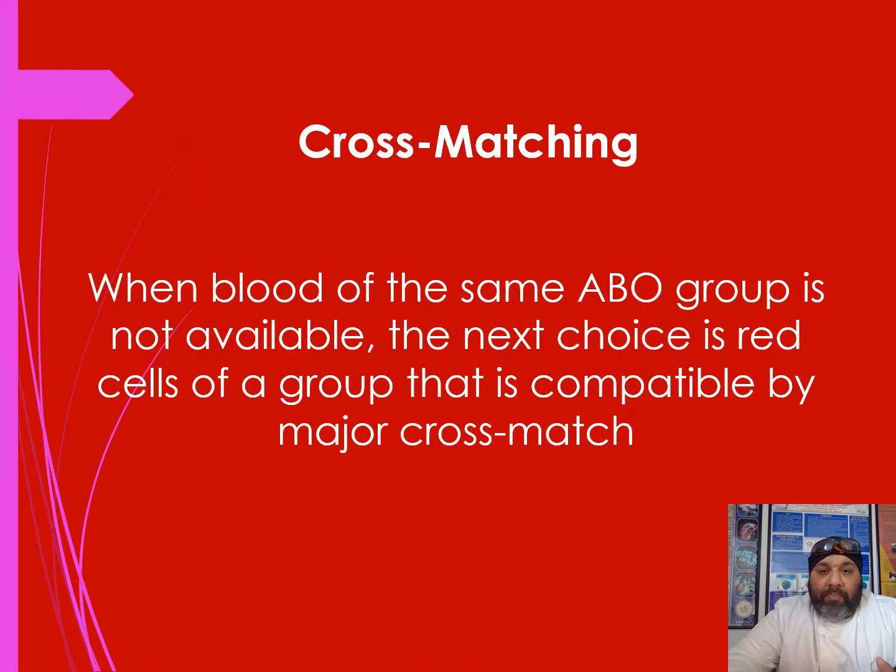A bit more about cross-matching. When blood of the same ABO group is not available, the next choice is red cells of a blood group that is compatible by major cross-match.